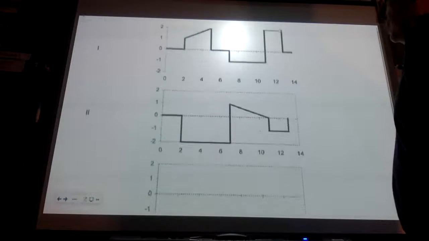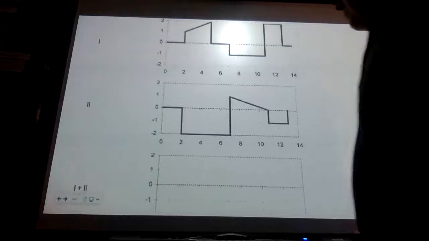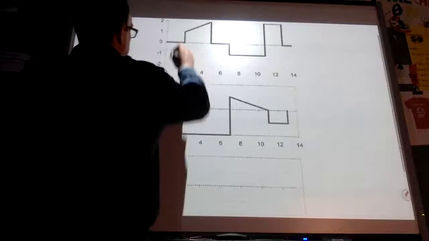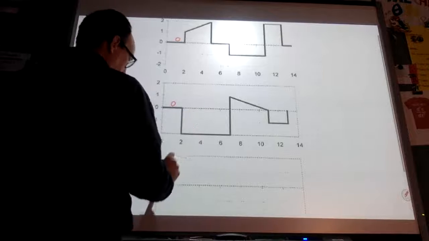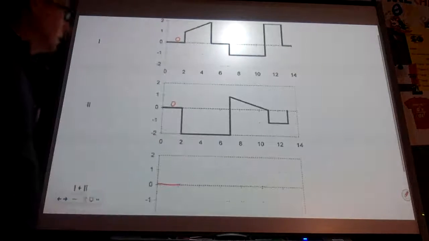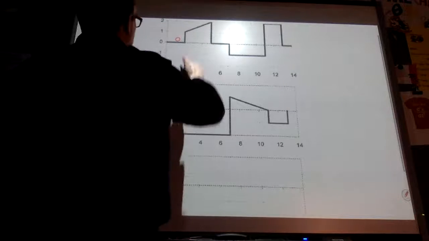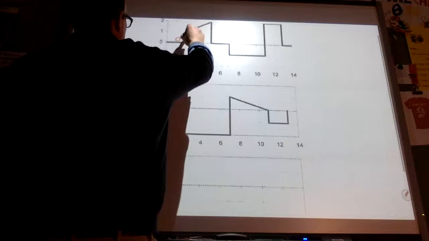This one's a little bit trickier. All right, so from 0 to 2, I'm at 0, 0 and 0. At 2, this one's at -2, and this one's at +1.